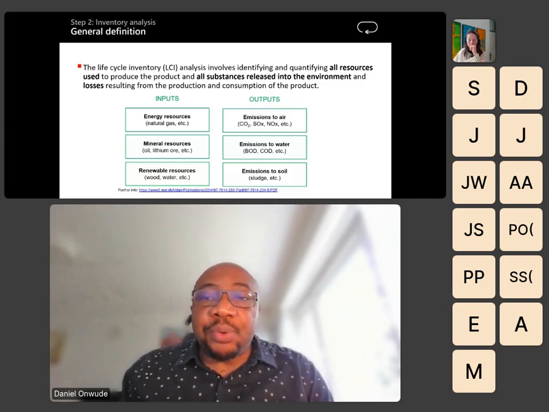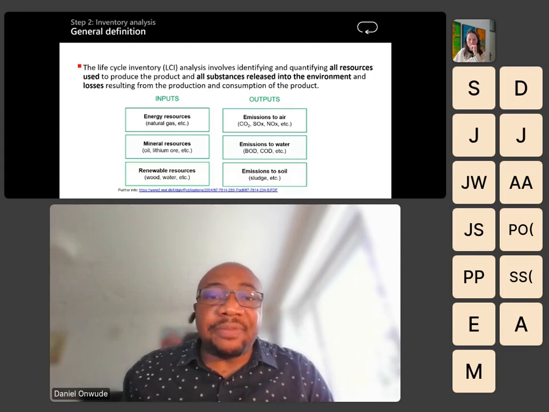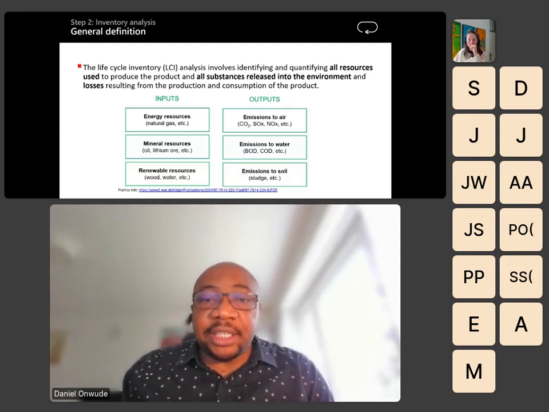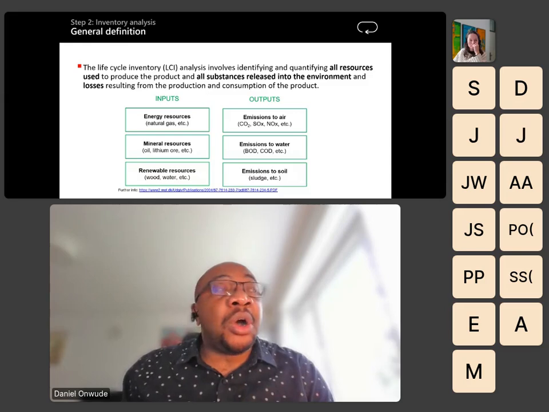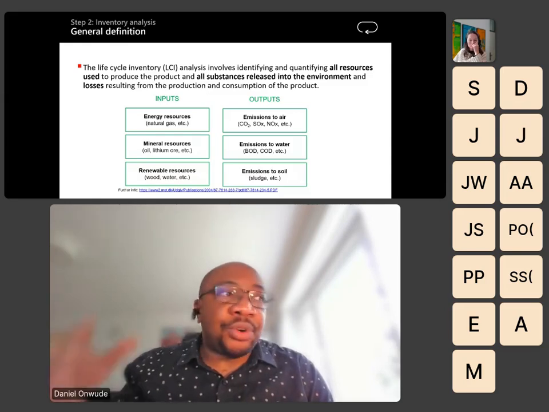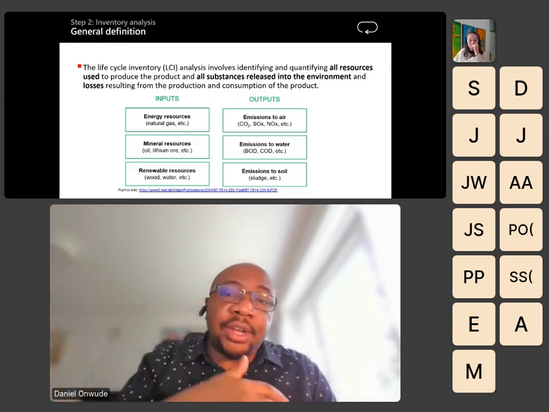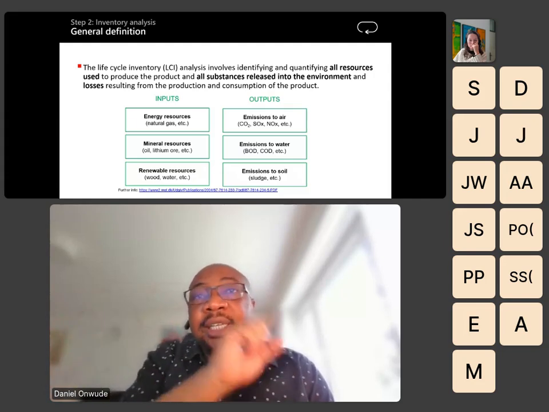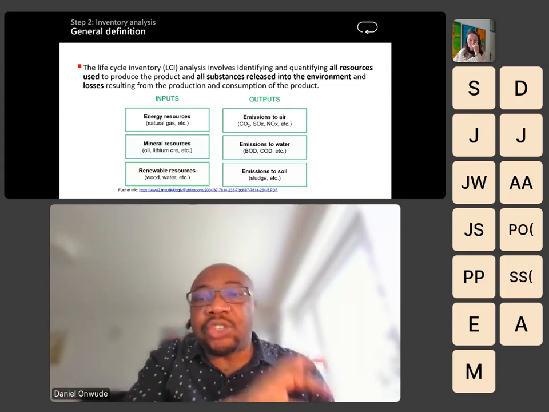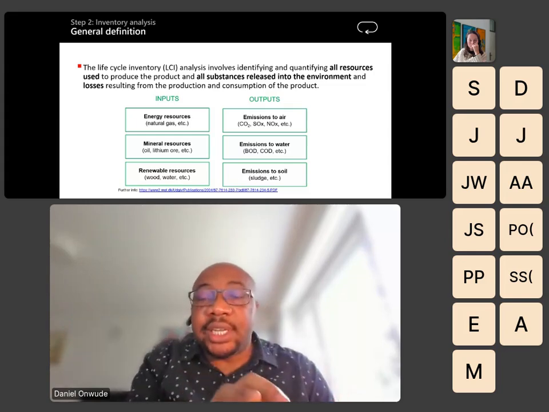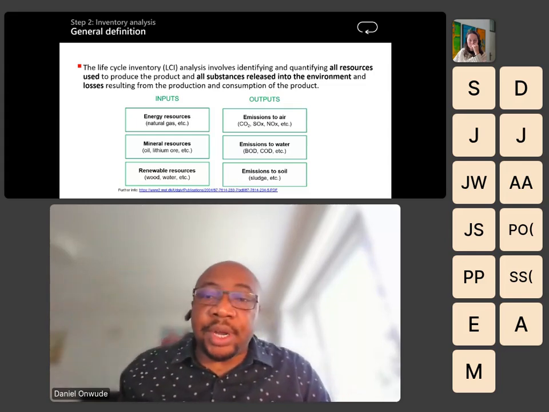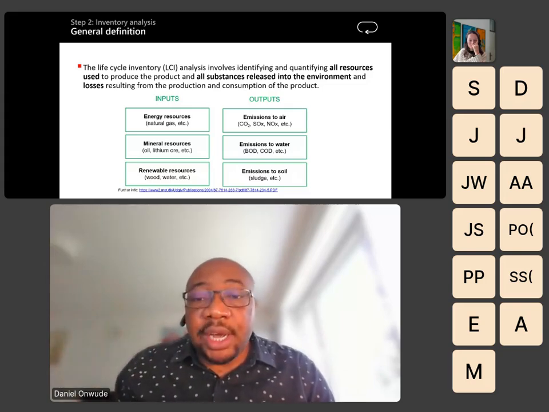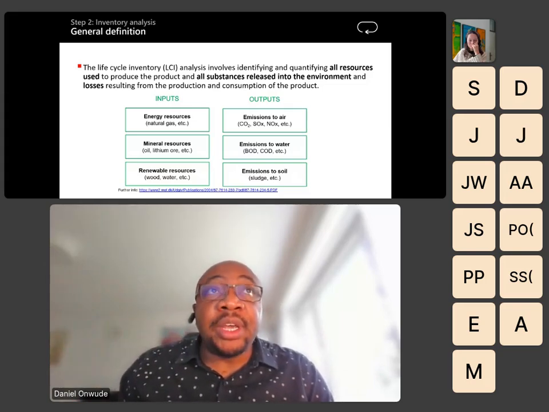Here we collect the inputs such as the energy used on the farm, fertilizer, water, and packaging materials, and then we also have the outputs such as emissions to air from transportation, or the nutrients from runoff water in the soil, or the organic waste to the soil. So in short, this phase is basically tracking everything that goes in and comes out of producing and consuming fruit.